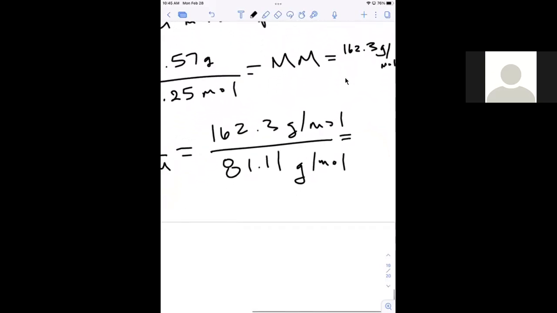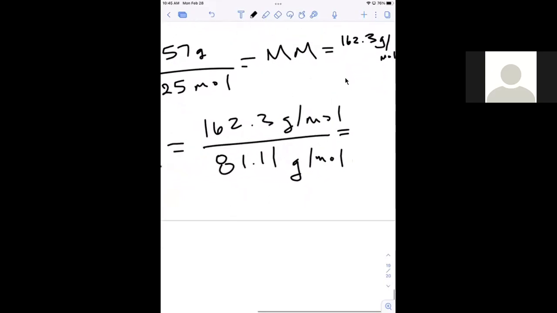And then what do we get for our formula units? Two. Right, so this number right here is formula units.